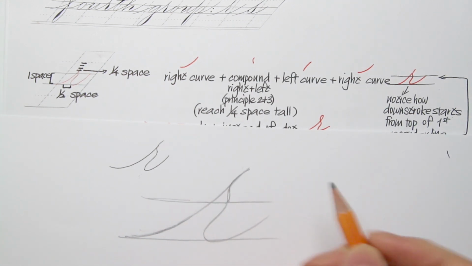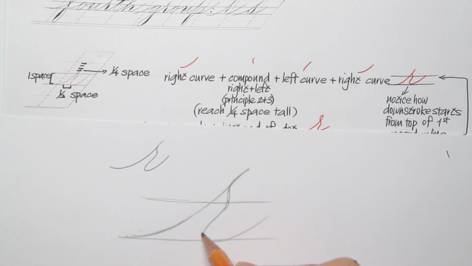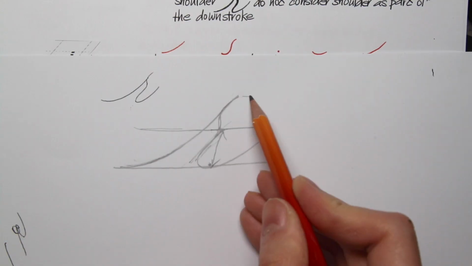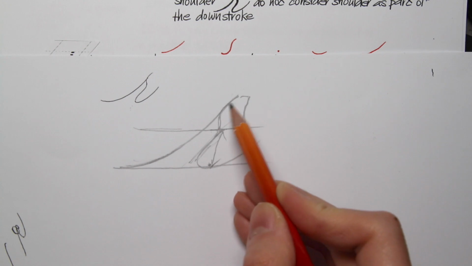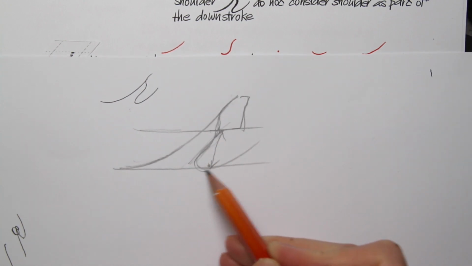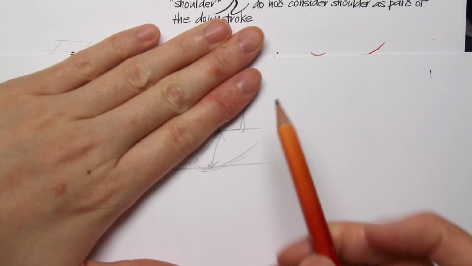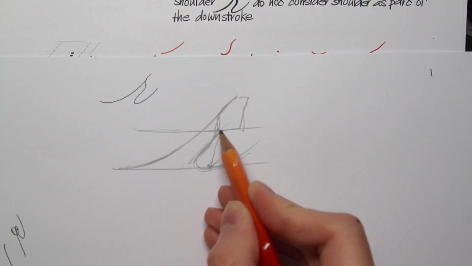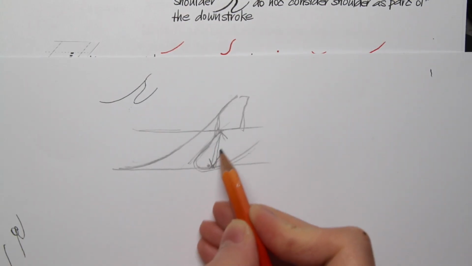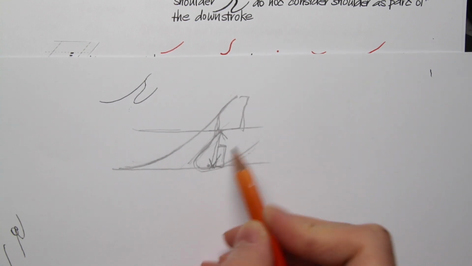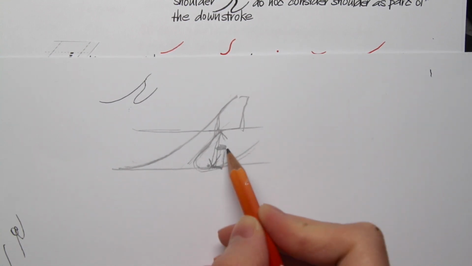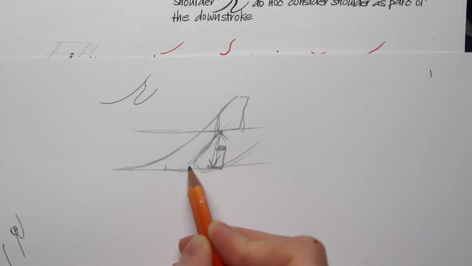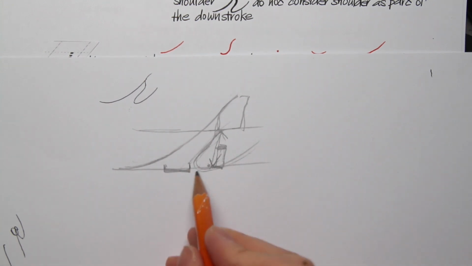The shade, when we start shading, starts here. So you don't want this part we call the shoulder of the R to go too far down and the shade is too low. So if we cover all of this up, this would still be your letter I. And you want to ask yourself, this is your X height. So half is about this much. So is this half the same?